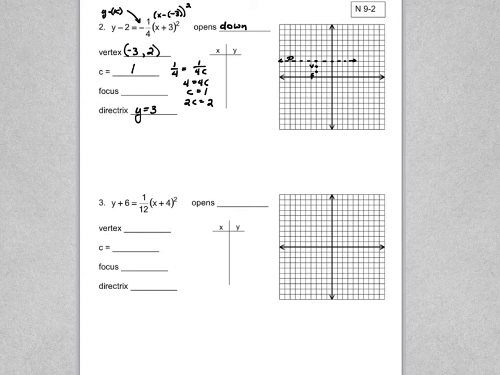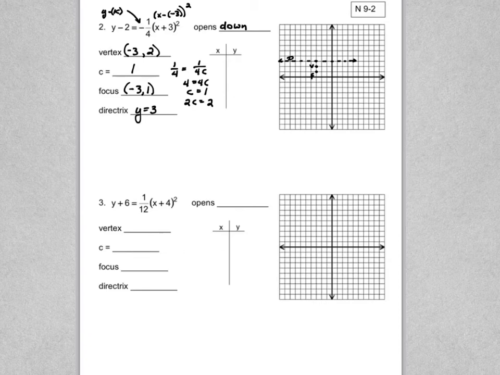And our focus is a point, which is at (-3, 1). Now we need to find the two points that are actually on the parabola. We go 2c on either side of the focus. Remember, not the vertex, the focus. And we said that 2c was equal to 2.